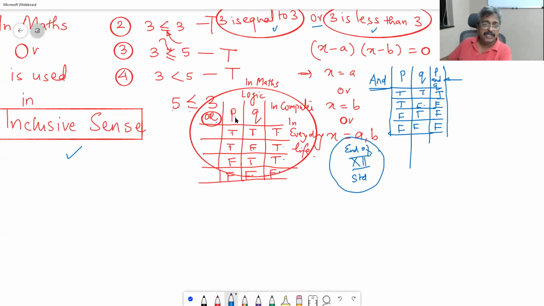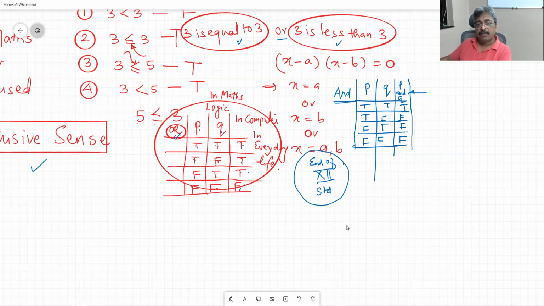So if P is one statement and Q is another statement, and they are connected by the connective "or", if both of them are true, then the compound statement is also true. If the first is true and the second is false, then still it is true. So TTTF is the truth table for "or", and now the truth table for "and".